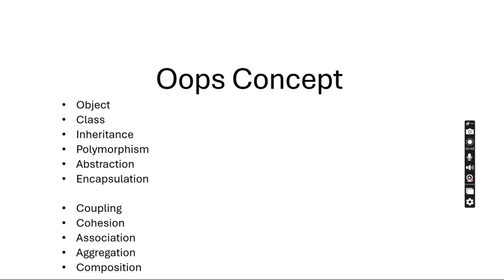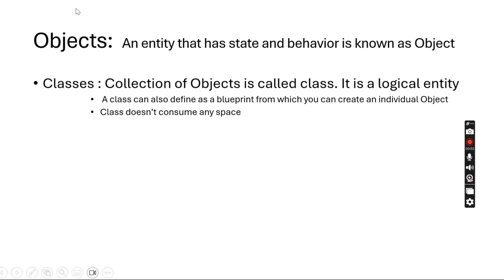So what is an object? An object is a kind of real world entity that acquires space in the heap. An entity that has state and behavior is known as an object. Assume we have a dog class. Dog has some state and some behavior.